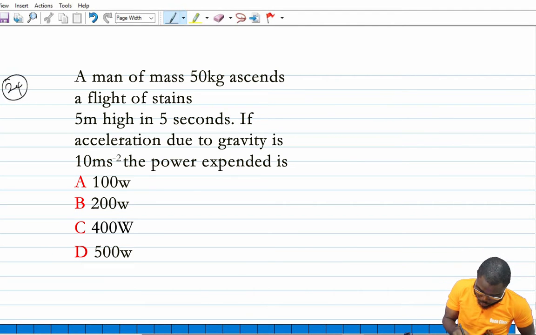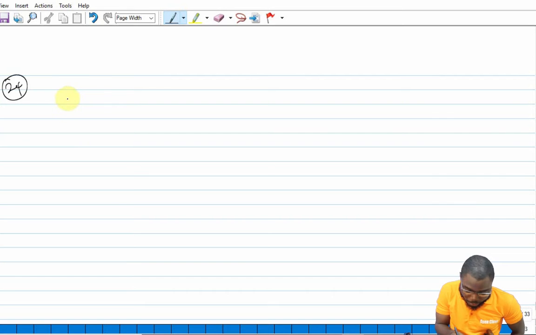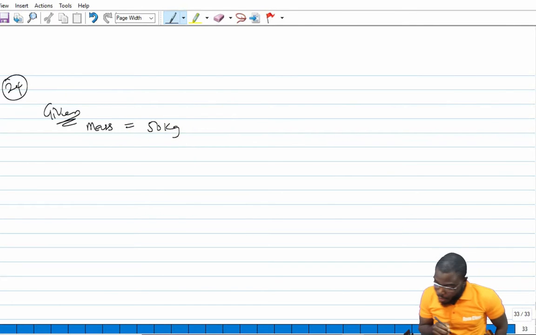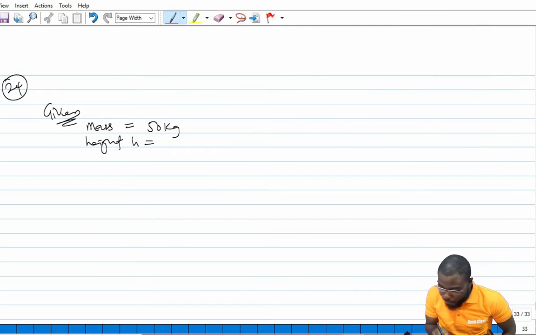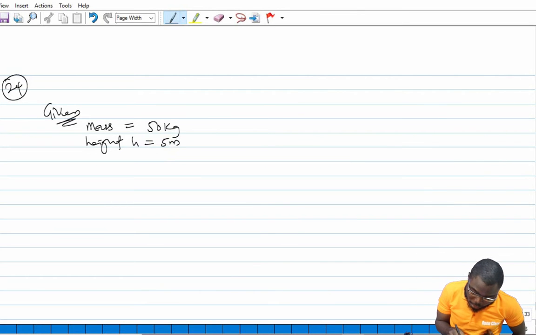So here what we're given: the mass of the man, m equals 50 kg, the height h is given to be 5 meter, and the time t is given to be 5 seconds.